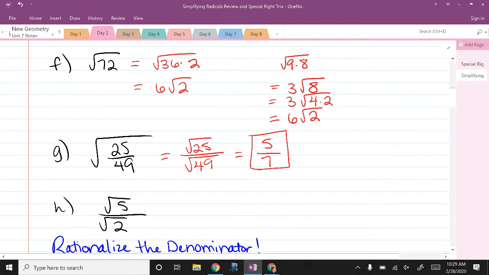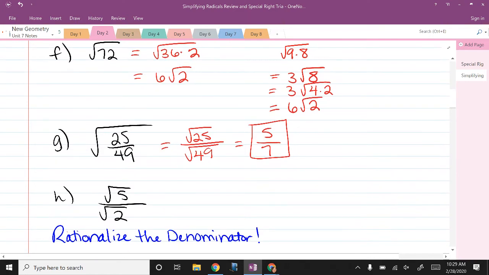Okay. This is where radicals get complicated. Now, there is a rule about radicals. And you want to write this down. I'm going to write it down and try to highlight it.